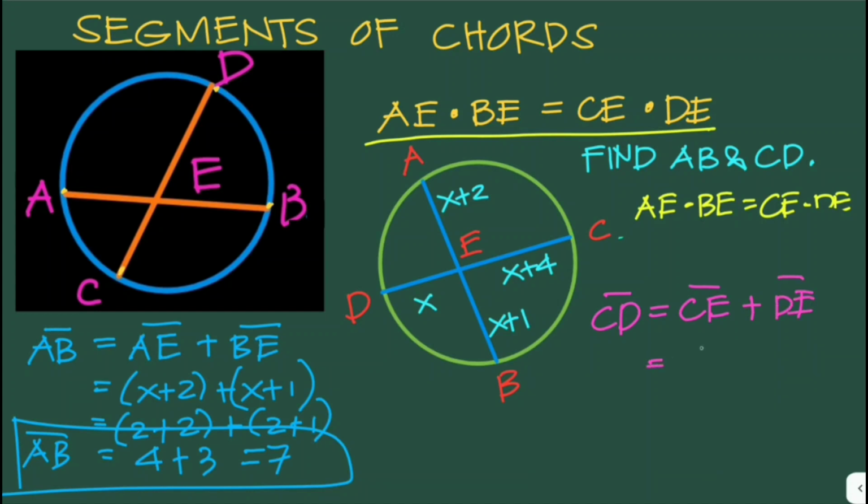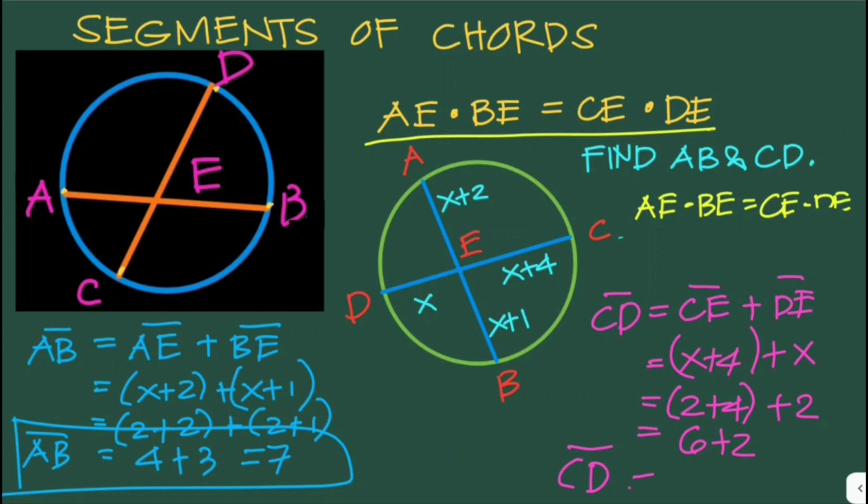So that would be x plus 4 plus x. And we know the value of x, which is 2, so we just substitute here 2 plus 4 plus 2. So this would give us 6 plus 2. Therefore, chord CD is equivalent to 8. So that's how to solve for the lengths of the segments of chords.